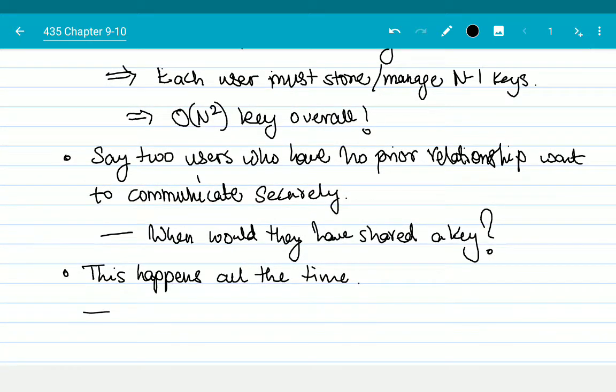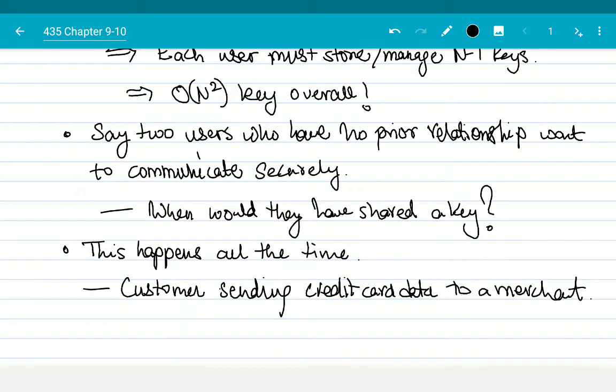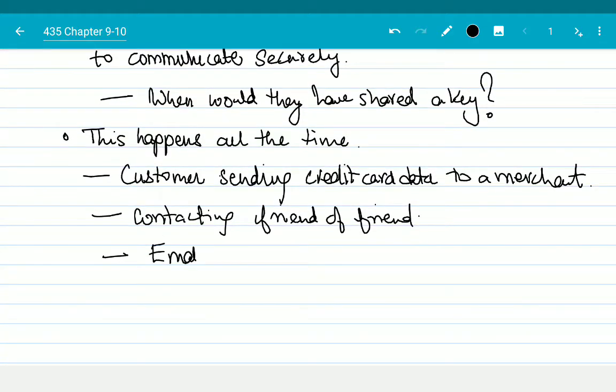For example, a customer sending credit card data to a merchant they have never purchased from before, contacting someone new like a friend of a friend, or emailing a new colleague.